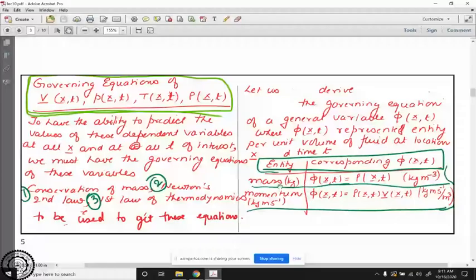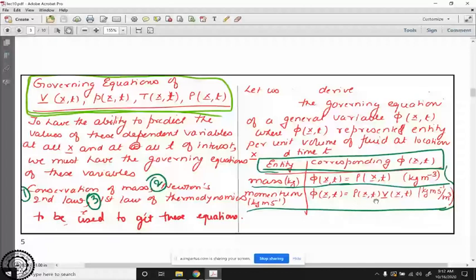So if entity is mass, then phi will be mass per unit volume, and we know it is density. I've also written SI units. If entity is mass, it's kg, so its corresponding phi will be kg per meter cube, right? If entity is momentum, of course it has units kg meters per second. Its corresponding phi will be, as I said, entity per unit volume.